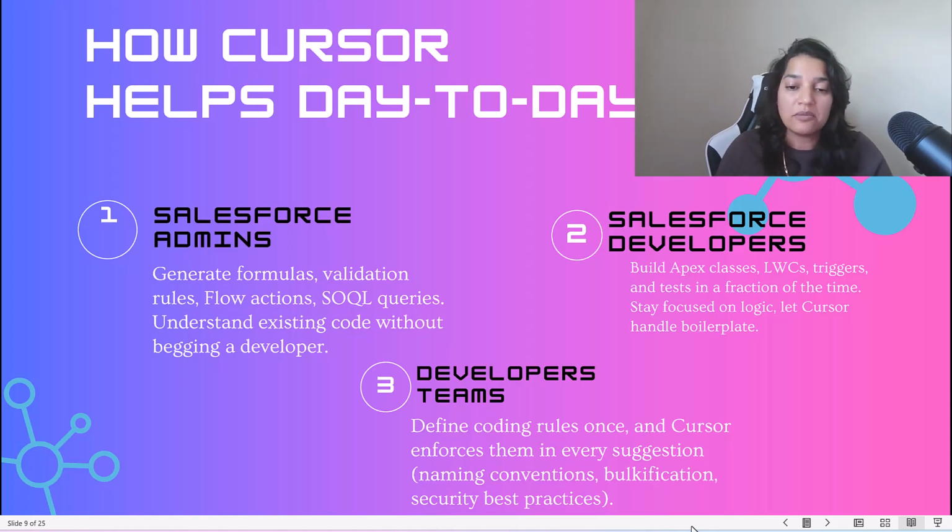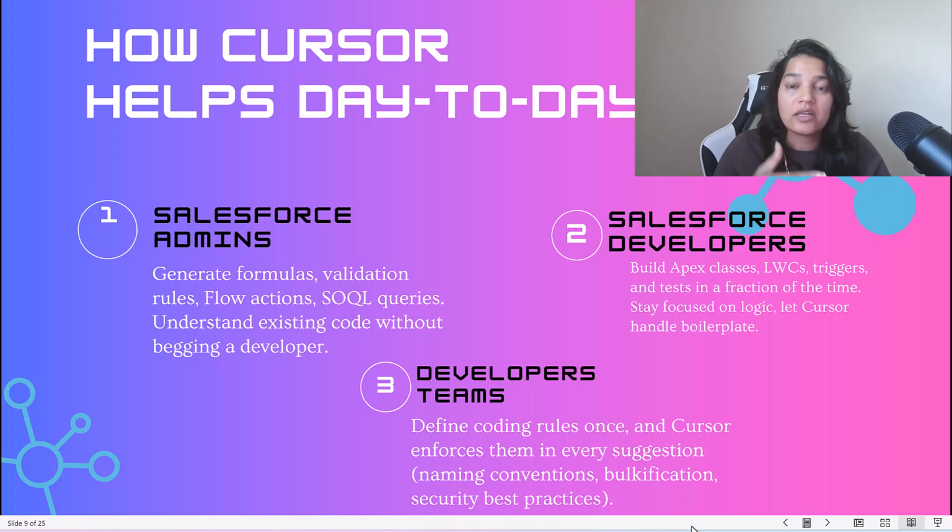What about the rest of the team members? If you want to specify some coding rules, if you want to have a naming convention for every file, if you want to set up some security-related best practices, if you want to do bulkification across all your code, Cursor can enforce that in every prompt that you send from Cursor. You can define coding rules once and Cursor will enforce them in every suggestion.